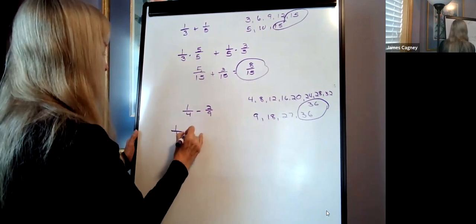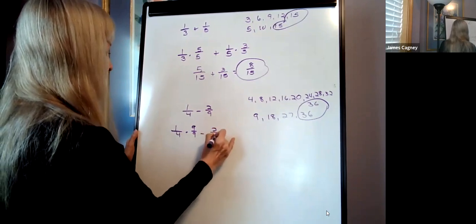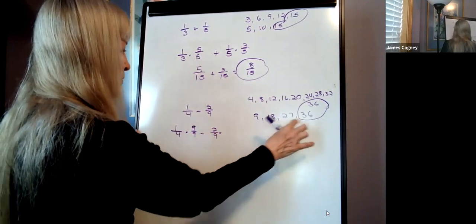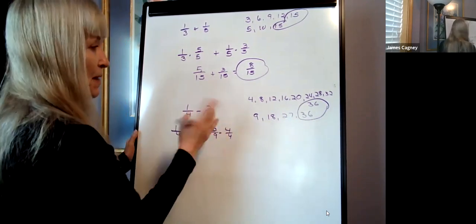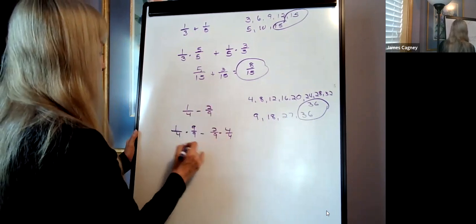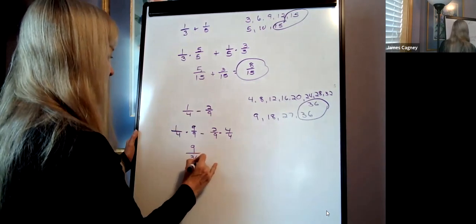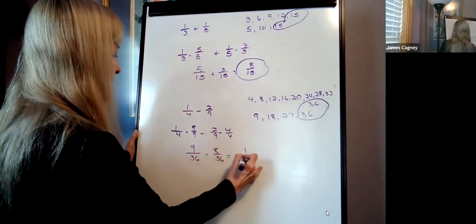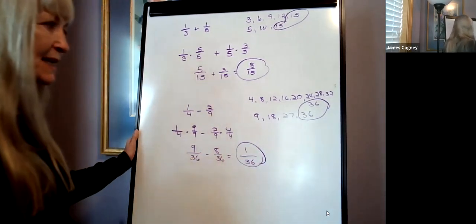I need to multiply 1/4 by 9 over 9. And I need to multiply 2/9 by 4 over 4. Notice in this case, I could have multiplied by the other denominator. I would have gotten the same thing. So this is going to be 9 over 36 minus 8 over 36. 9 minus 8 is 1. So my answer is 1 over 36.